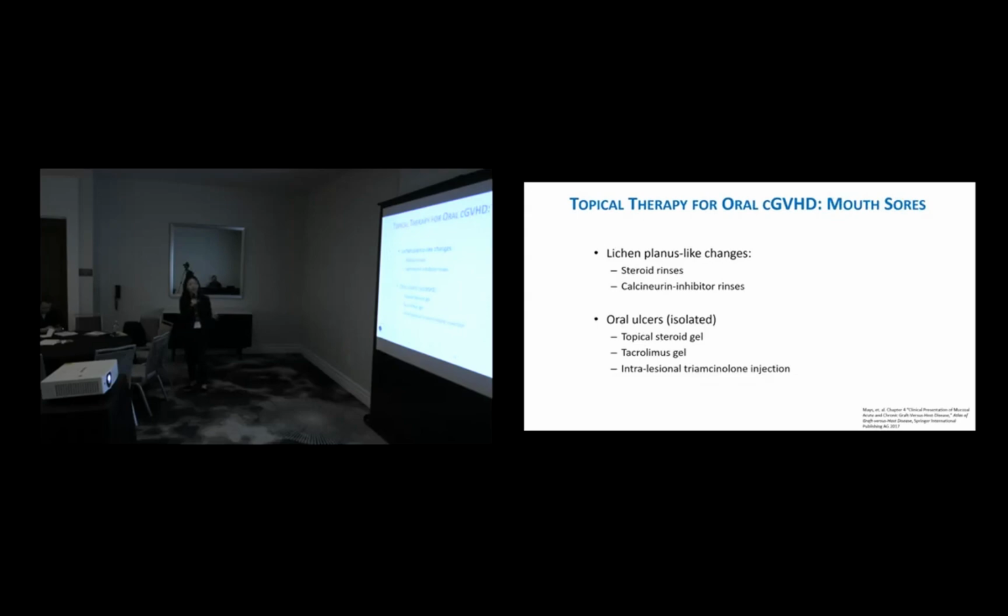If you have lichen planus-like changes or oral ulcers, like discussed, steroid rinses are helpful. If you are sensitive to steroids, then calcineurin inhibitors like tacrolimus rinses can also be used. If you have an isolated ulcer in your mouth, and we know those are going to be painful, sometimes topical steroid gels or tacrolimus gels are used.